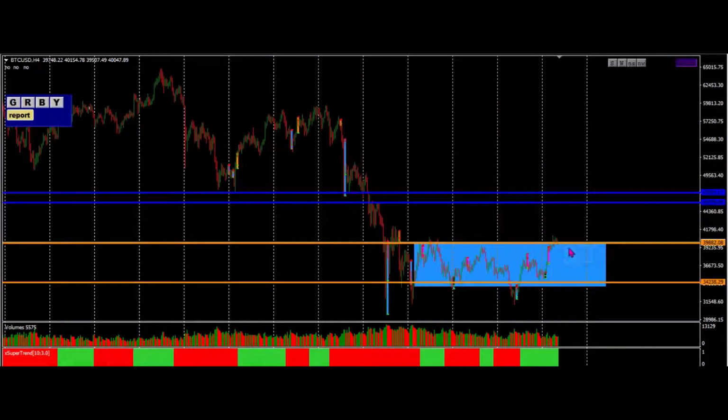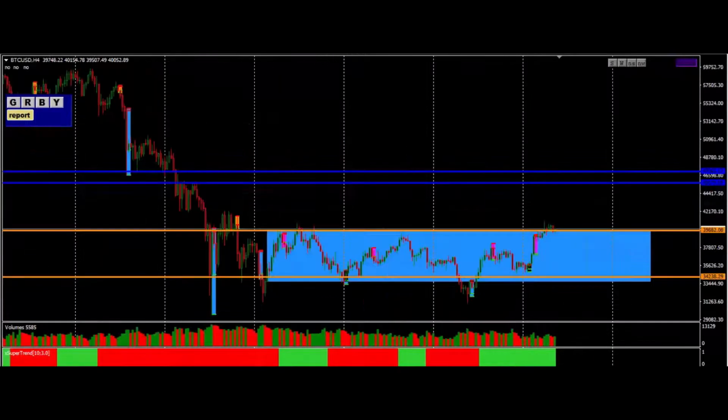Okay, so if I drop down to the 4 hour, I want to see 4 hour demand beneath us, meaning I want to see a blue bar or blue box, and I want to see the 4 hour candle close above it. But we don't have that right now, right? In fact, what we do see here is now we can understand why price is turning down right here, because we do have a 4 hour selling zone right here.